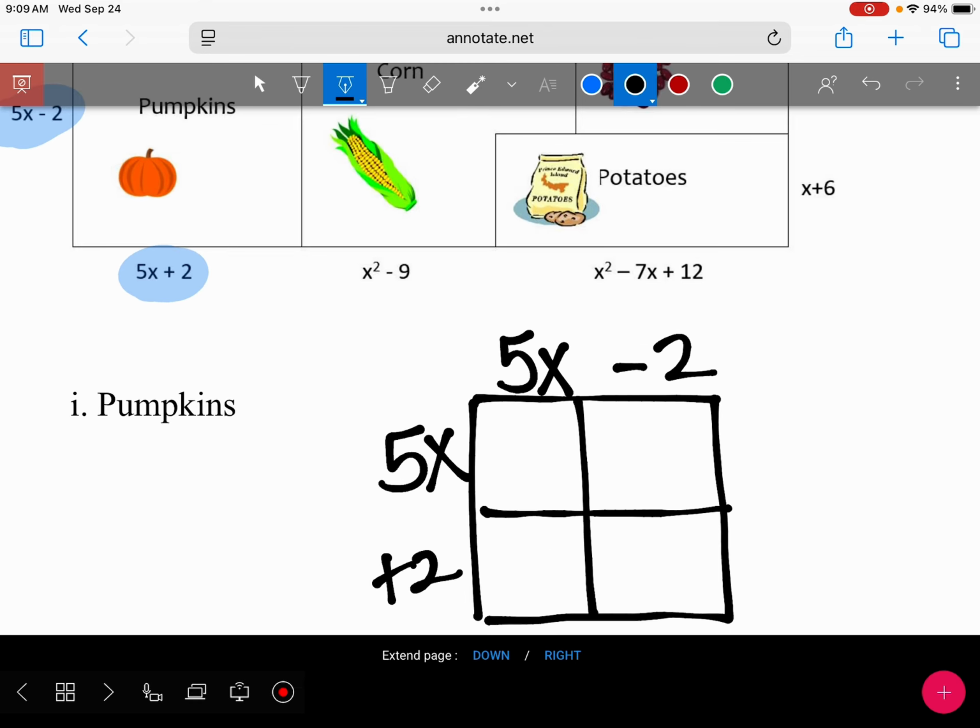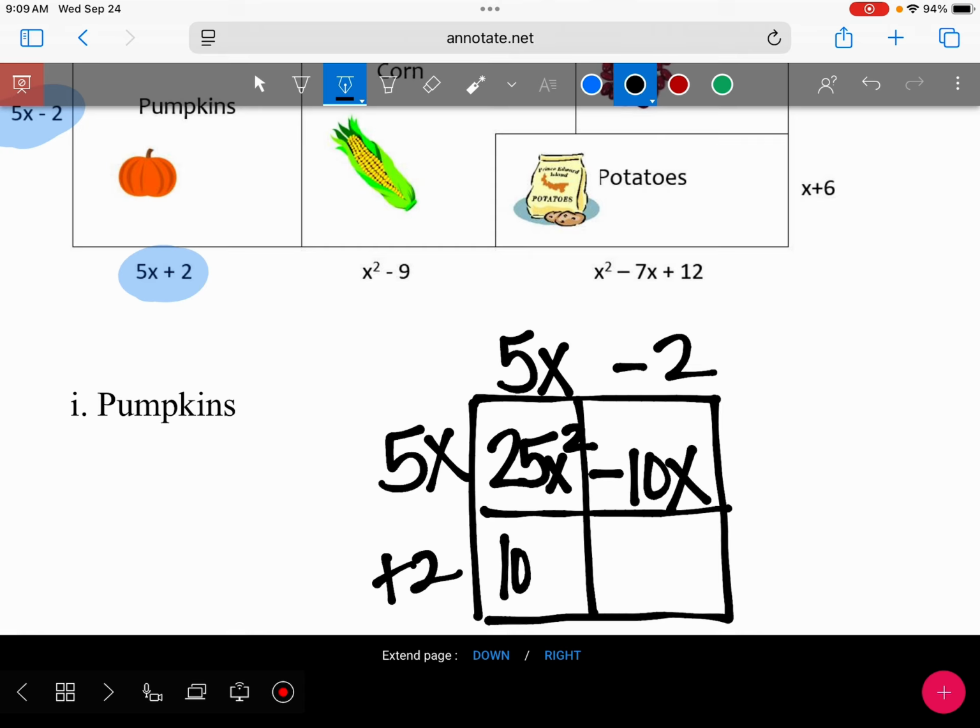So 5x times 5x. We're going to take that, put that in the first square. 25x squared. Then my next one, I have 5x and negative 2. Negative 10x. Good job. And then my bottom row, I have positive 5x, positive 2.